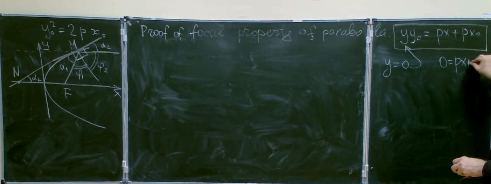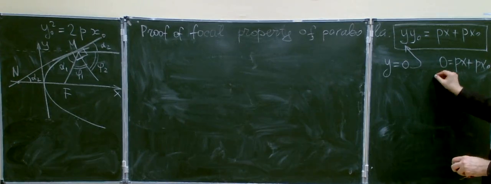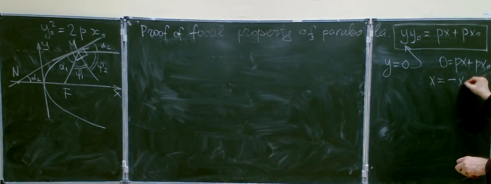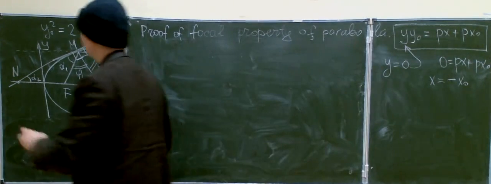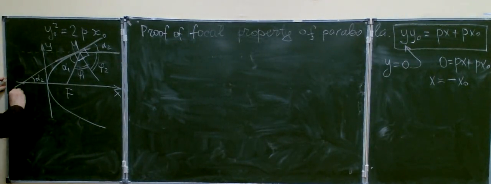And we find that p x sub 0 is equal to 0. And as a result, we find that x is equal to minus x0. So, the coordinate of the point N is equal to minus x0 and 0.